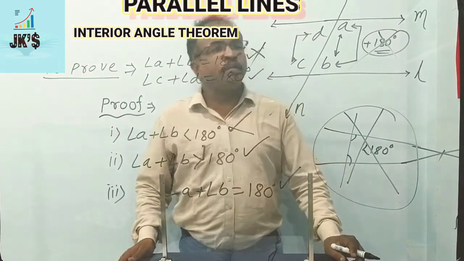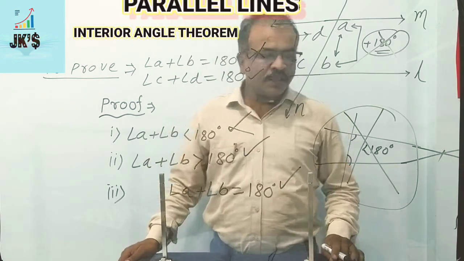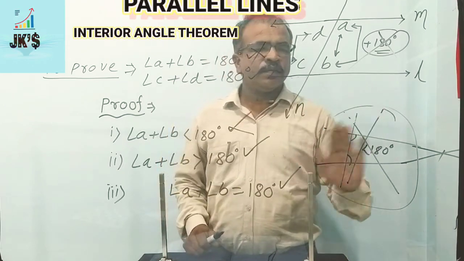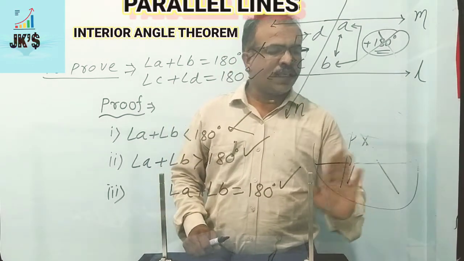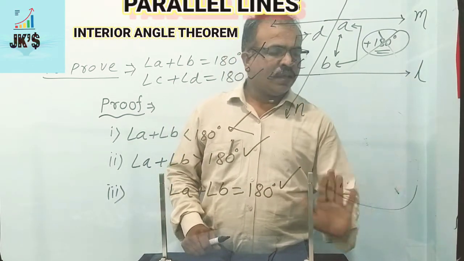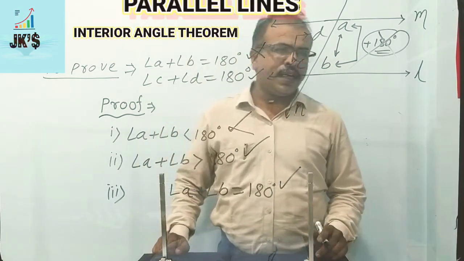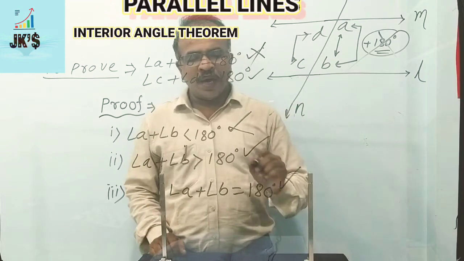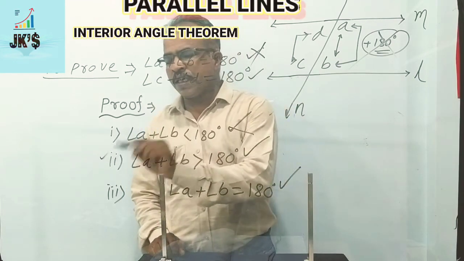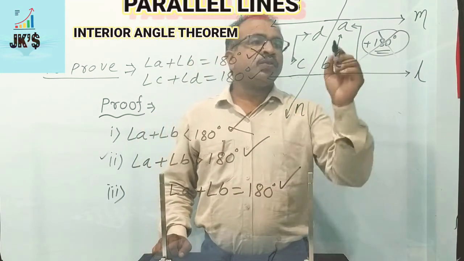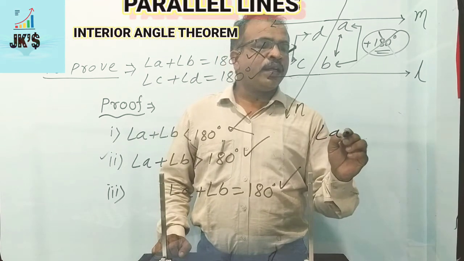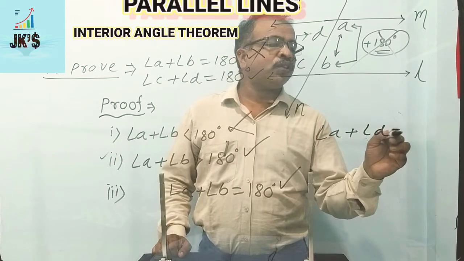Now the remaining one. What is the remaining possibility? The second one, that the sum of A plus B is greater than 180. We are going to consider the second one. So angle A plus angle D equals 180.